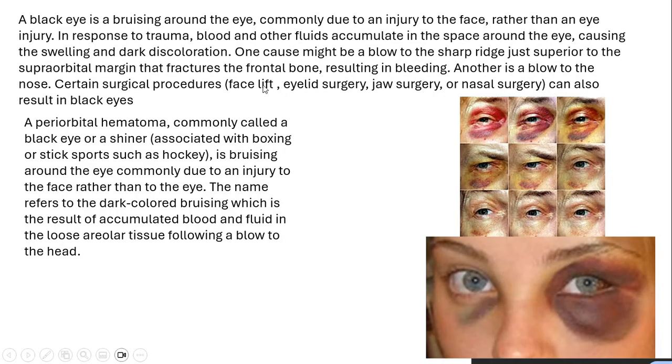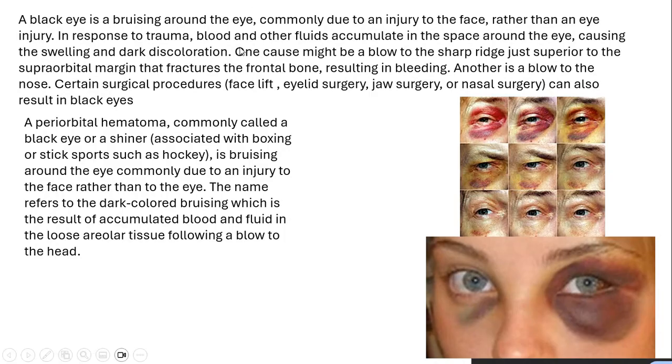Certain surgical procedures, facelift and eyelid surgery, jaw surgery, nasal surgery, can also result in black eyes. If you look at rhinoplasty videos, you will see some form of black eyes, where you can actually see there's an injury to the supraorbital region.